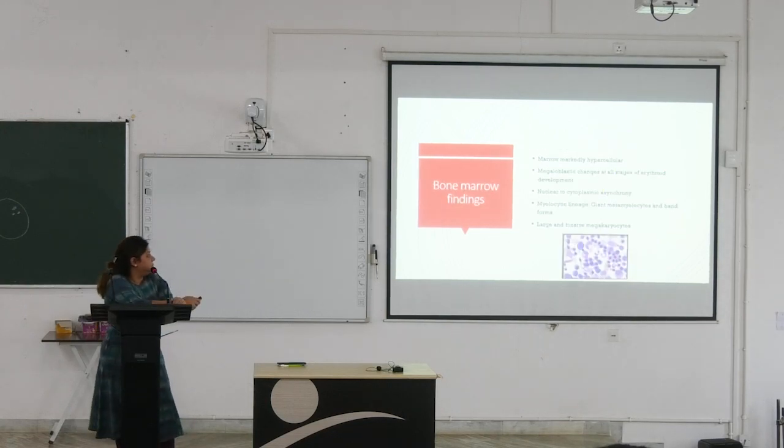Bone marrow findings. The marrow will be hypercellular. Actually, the marrow is trying to manufacture many RBCs, but it is failing to actually produce mature RBCs. So the marrow is usually hypercellular. Megaloblastic changes at all stages of erythroid development. Just remember that sieve-like chromatin is seen in the RBC precursors.